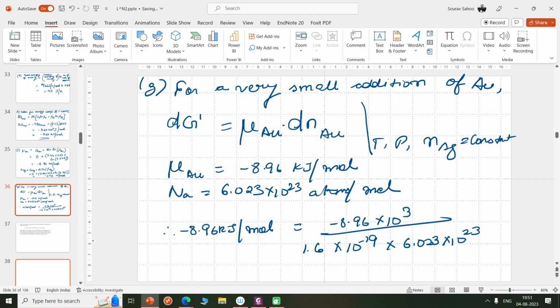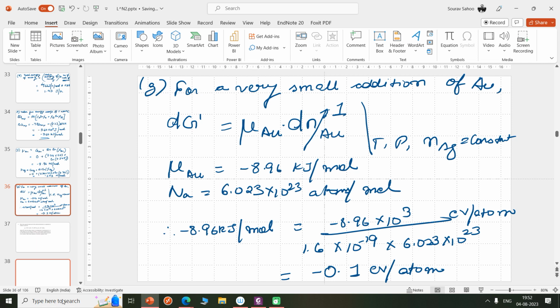This is per atom, and dN is 1 here because we said we add one atom. So the free energy change is equal to the chemical potential per atom. This will give me minus 0.1 electron volt per atomic addition of gold.